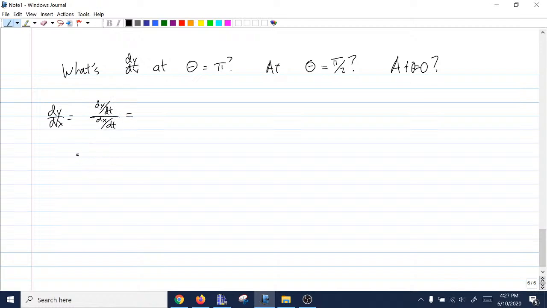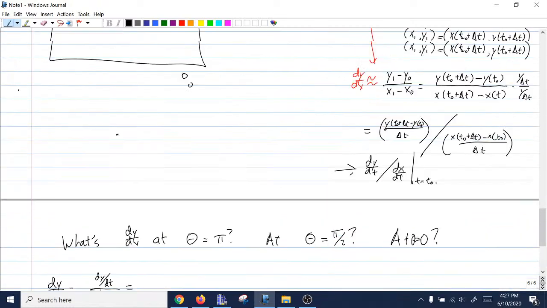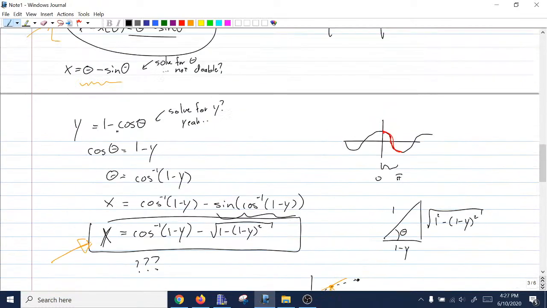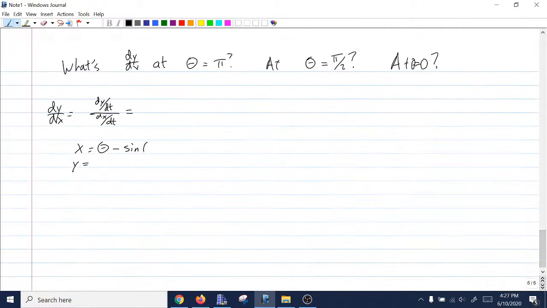What was our formula? X is theta minus sine theta. Y is 1 minus cosine theta. So dy dt is dy d theta here. What's the derivative of 1 minus cosine theta? It's sine theta. dx d theta, what's the derivative of this? It's 1 minus cosine theta. I get a formula for dy dx, and it's easy to plug things in.